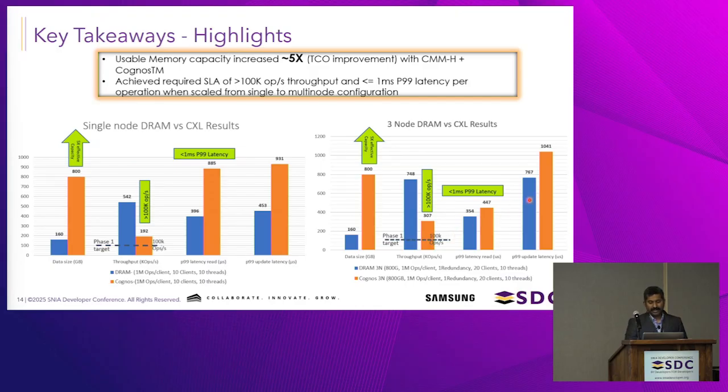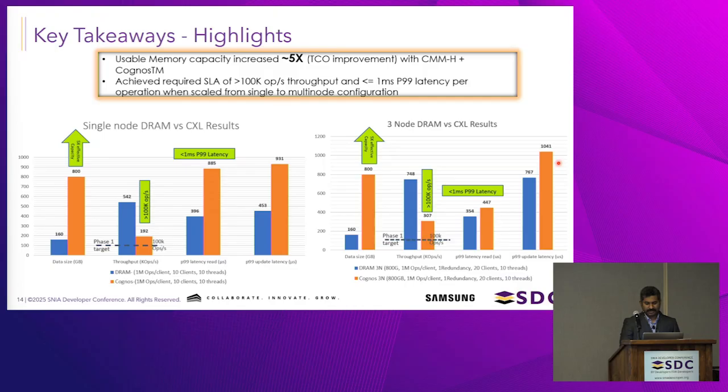We saw that on the latency side, the write latency was slightly higher, but when we checked with our customer, the customer's response was that it is very much within the tolerance. So it's okay to have 5 to 10% going up and down. So this is kind of the summary.